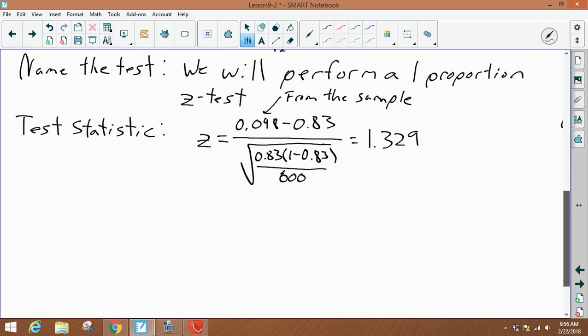Now with the parameters. Our parameter is what we're saying about the population as a whole.